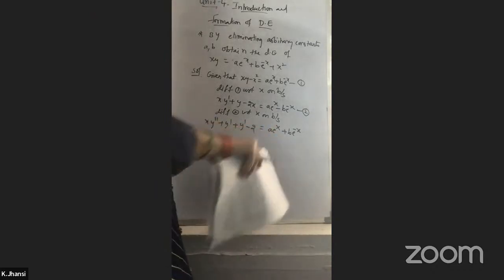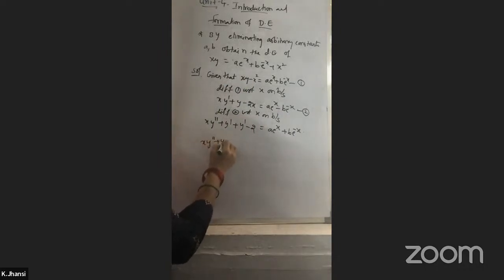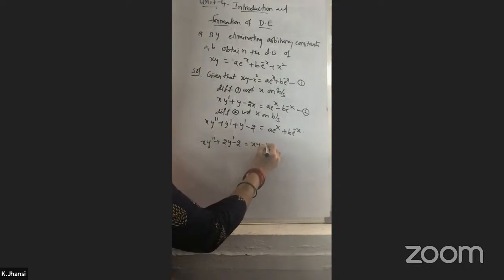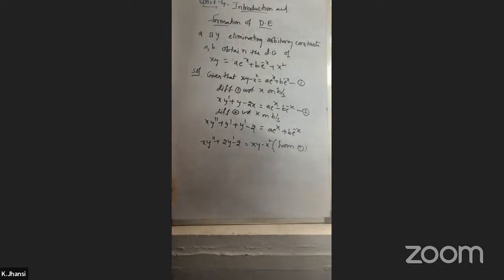Now what is a e^x + b e^(-x) from the 1? It is xy minus x². Okay. So here you can substitute: x y double dash plus y dash plus y dash means it will become 2 y dash minus 2 is equal to xy minus x². You can write from 1. Okay.